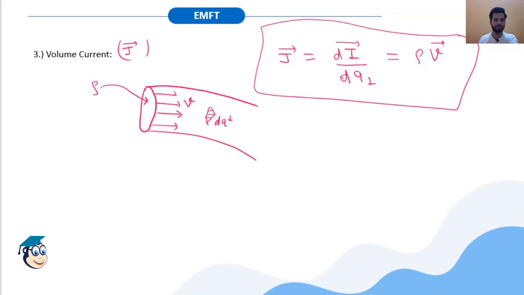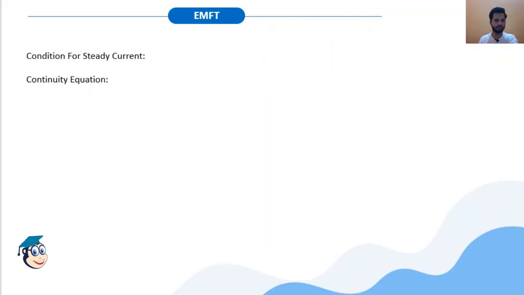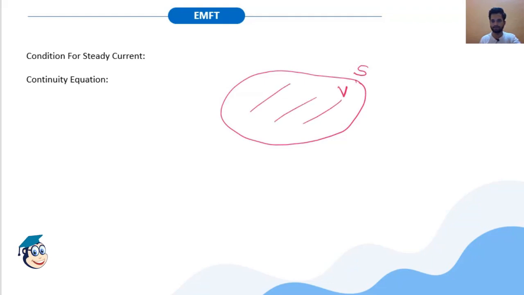Okay, so let us move forward and see the condition for steady current. What is the condition of steady current? Let us see the continuity equation first. Let's say we have some charge region, surrounded by a surface S and having some volume V, and let's say charges are coming outside this charge region.